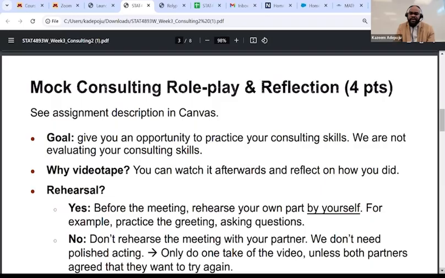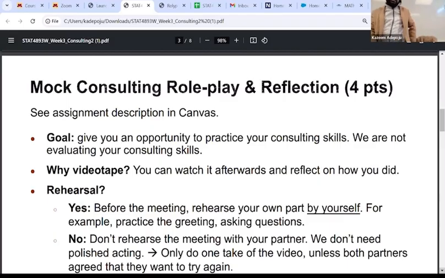So what do we mean by statistical mock consulting? This is a kind of training exercise that we have designed in such a way that you simulate the real-world statistical consulting process.